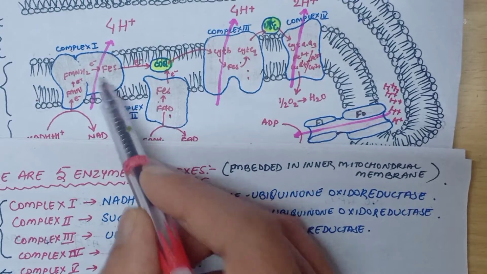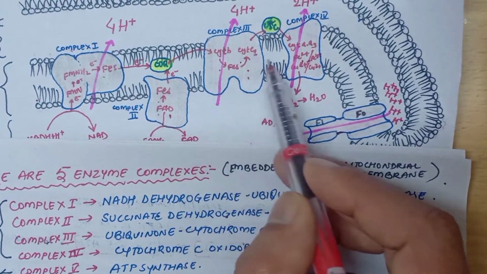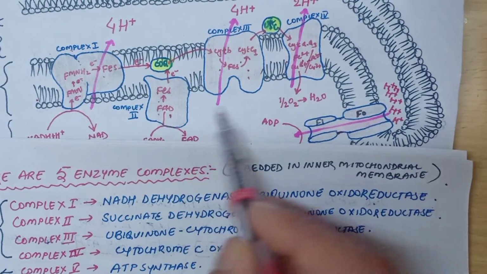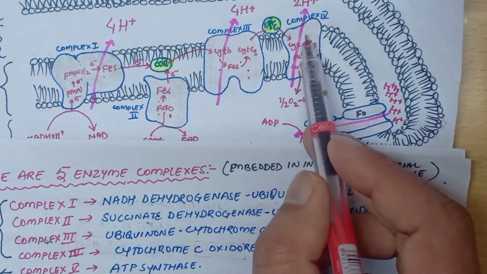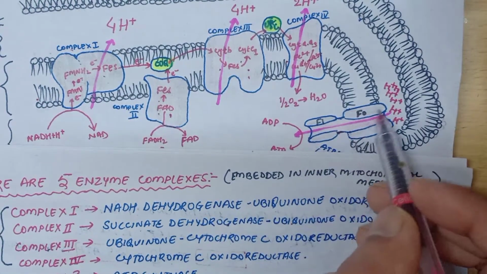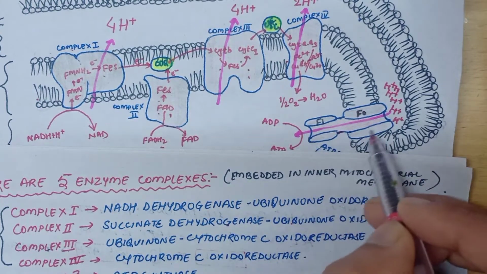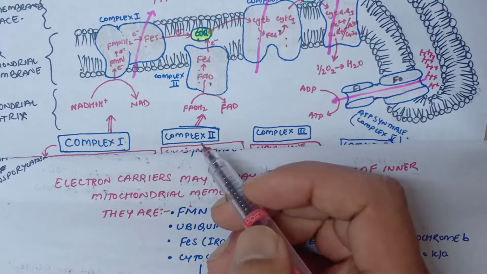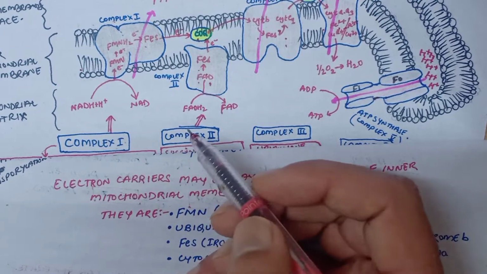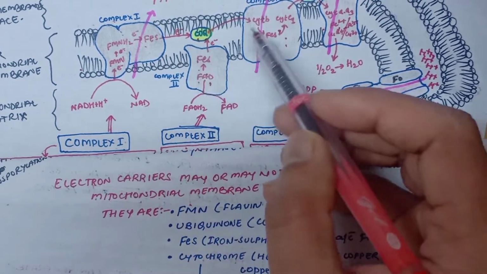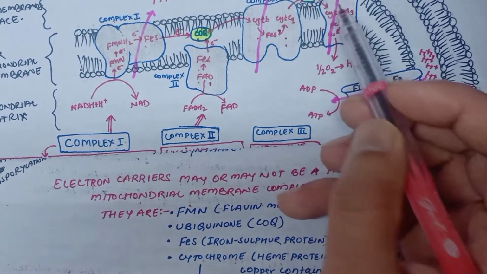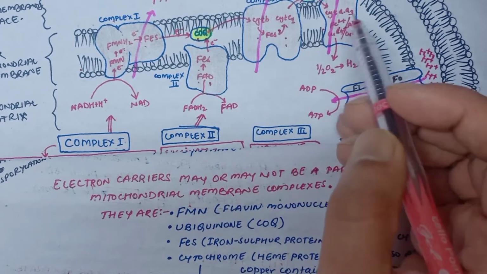So complex 1, complex 2, complex 3 and complex 4, they belong to electron transport chain, whereas ATP synthase, that is complex 5, it belongs to oxidative phosphorylation. And we should also note that electron carriers may or may not be a part of inner mitochondrial membrane complexes.